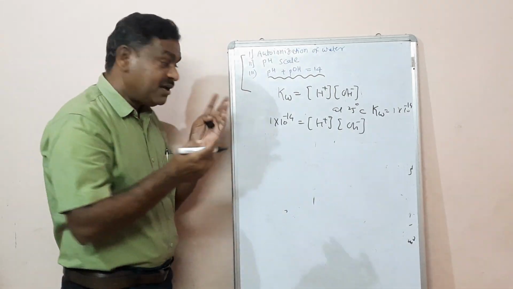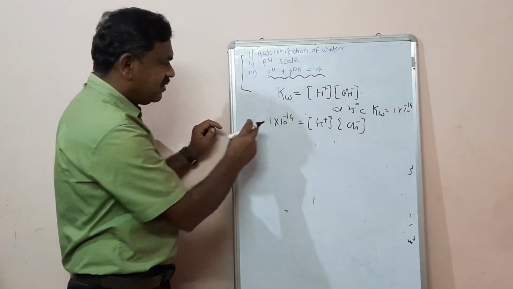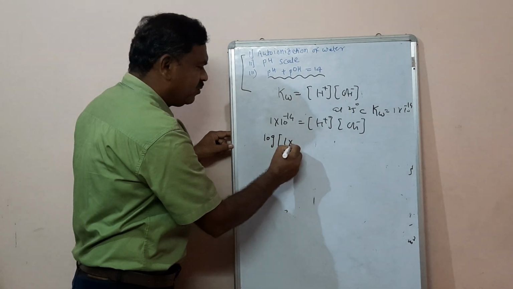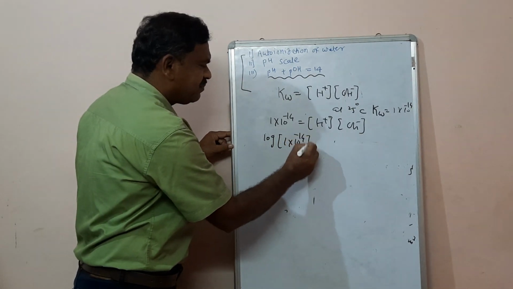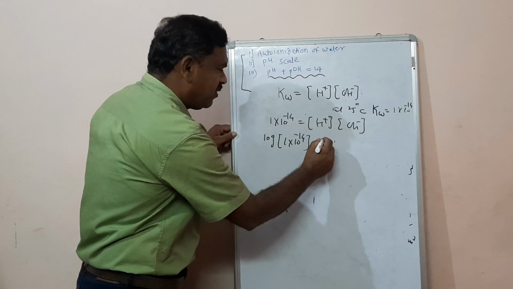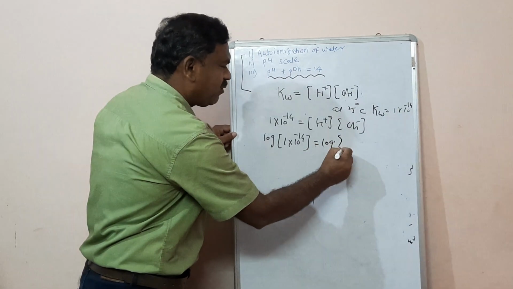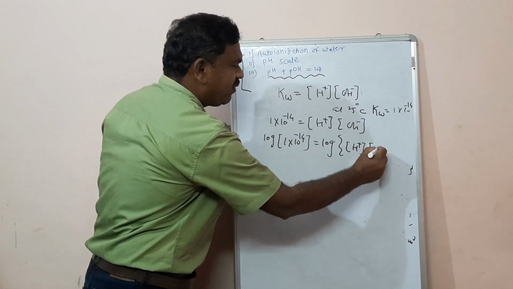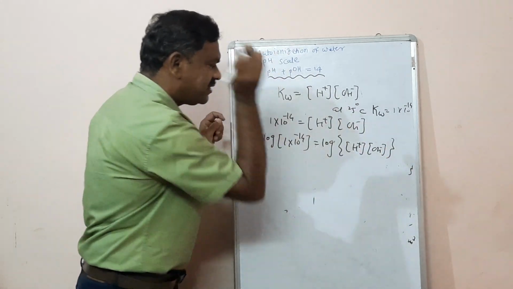Now, taking the log on both sides of this equation, log of 1 into 10 raised to minus 14 is equal to log of molar concentration of H plus into molar concentration of OH minus.